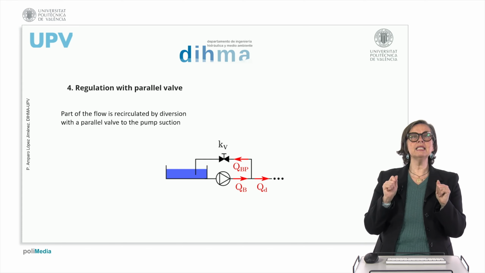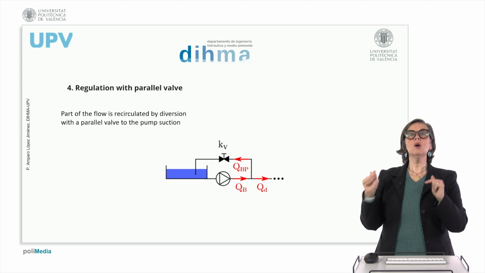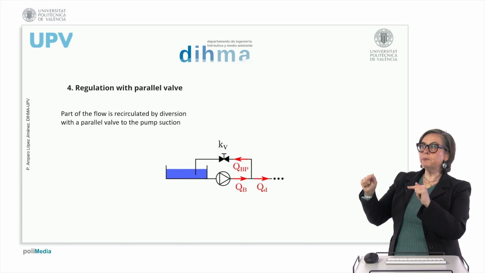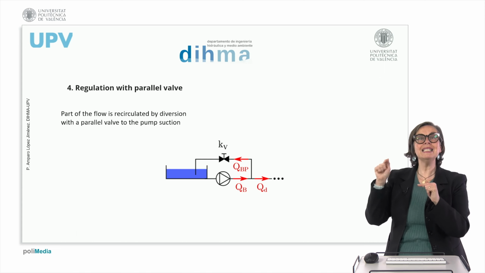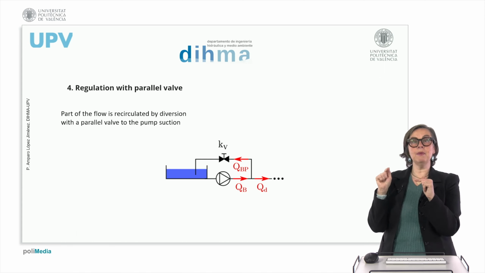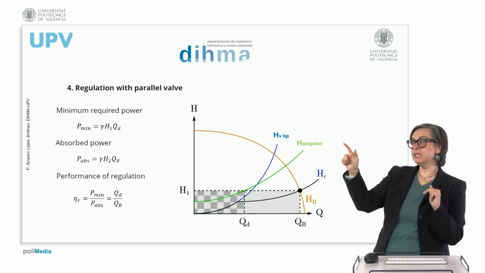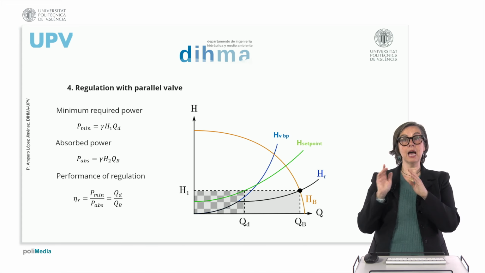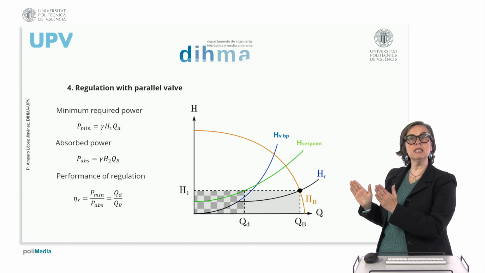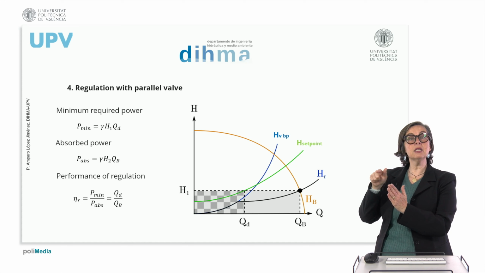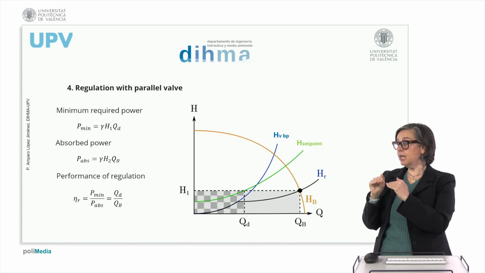In the second case, if we work with parallel valves, what we are doing is putting a valve in parallel with the pump to recirculate the flow by diversion in a bypass installation. In this case, we are giving more flow than needed for the system in order to recirculate, to have the achieved head that we need.